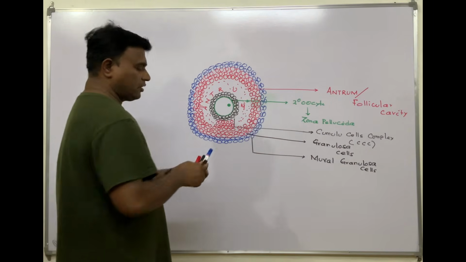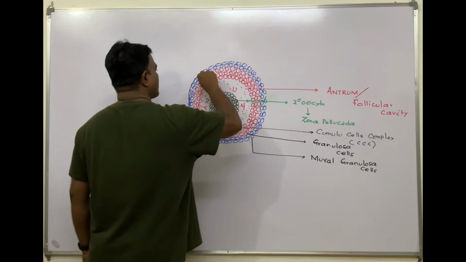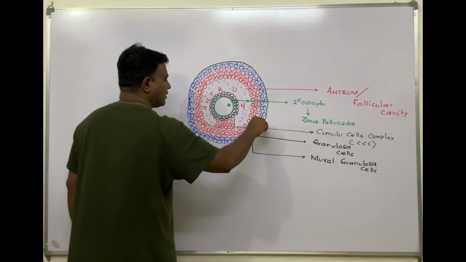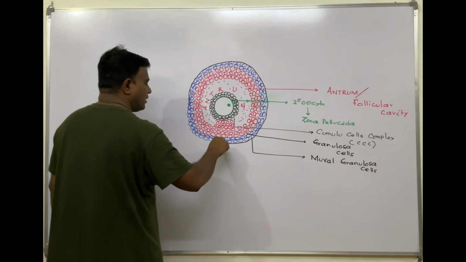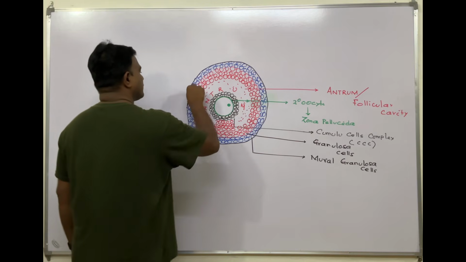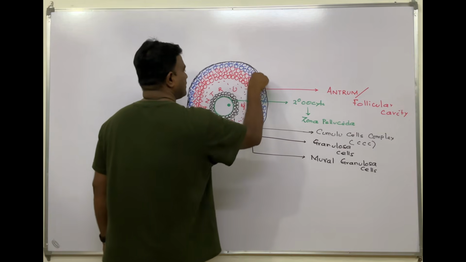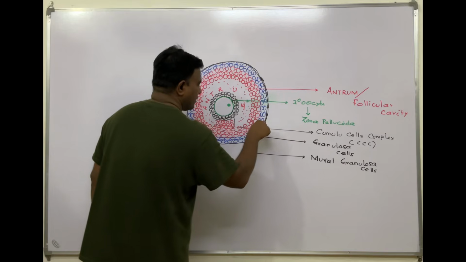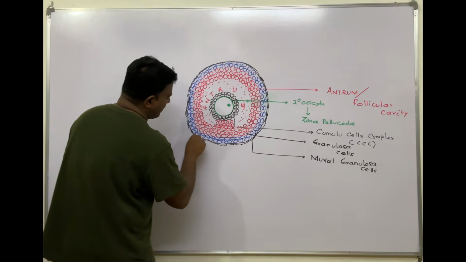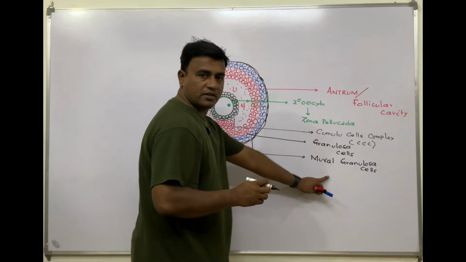Now see this black pane. They are lying very compactly arranged along with a very important basement membrane. So this is the basement membrane on which these cells are present, and this basement membrane supports these cells which are known as mural granulosa cells.